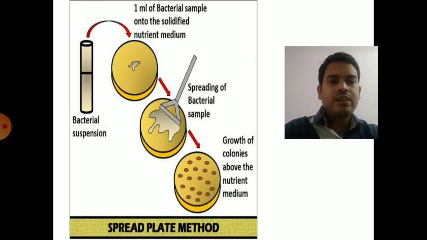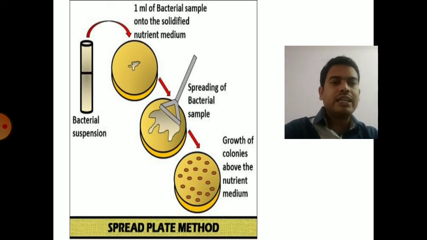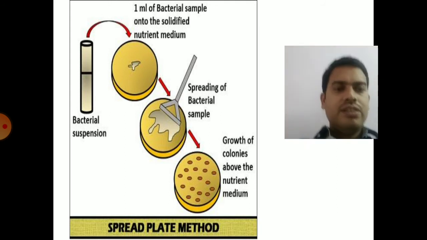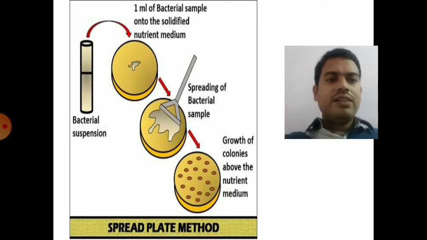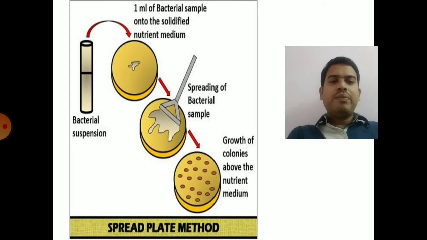After spreading, you incubate this petri dish in an incubator at 37 degrees centigrade and allow the bacterial colonies to grow. This is how you obtain pure colonies by the spread plate method. So this is called the spread plate method.